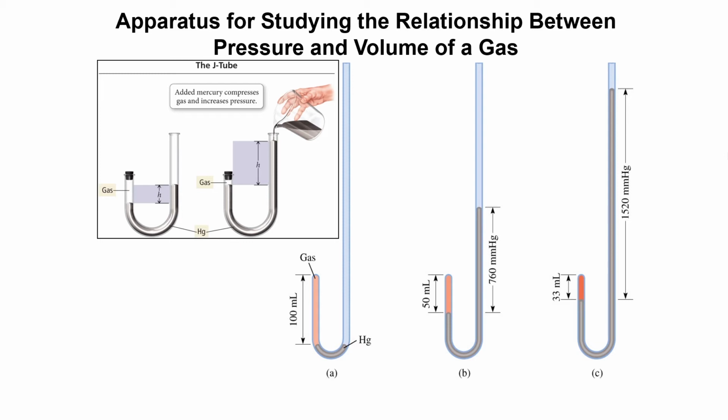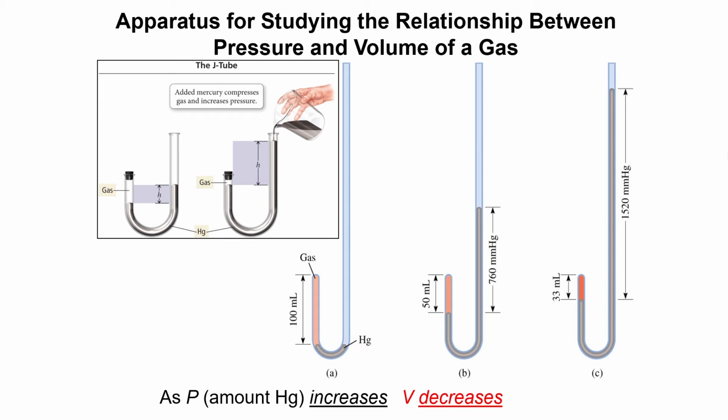So the experiment showed that, for example, in case A, at 100 milliliters of gas, you had essentially equal pressure. But at 50 milliliters, in other words, when you compress the gas, you created a column that was 760 millimeters of mercury. And at 33 milliliters, you had a pressure of 1,520 millimeters of mercury. In other words, as the pressure of the gas increased, the volume decreased.